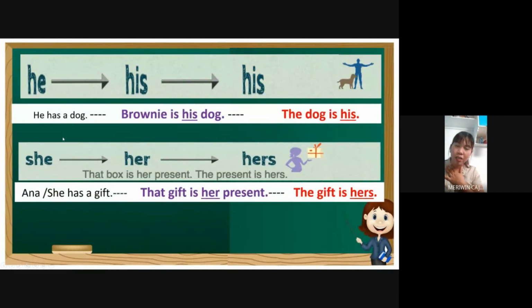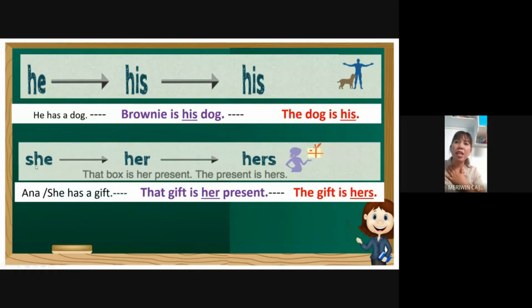He has a dog. Brownie is his dog. His is used before the noun. Or you can also use his, just like this: the dog is his. Okay? So there is no other term for his. So his and his is still the same.